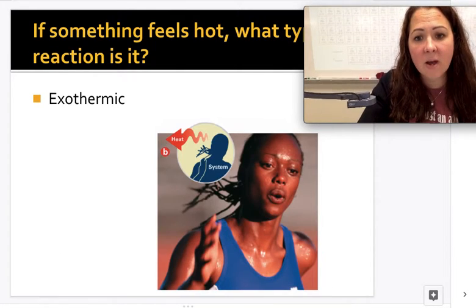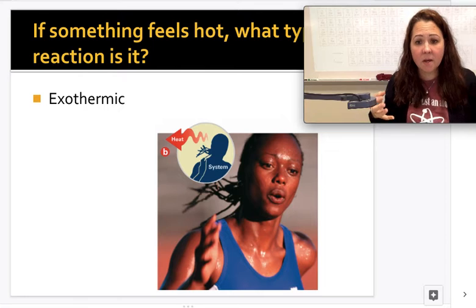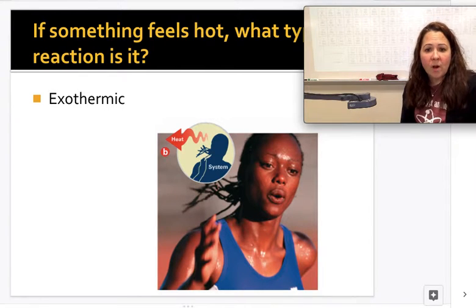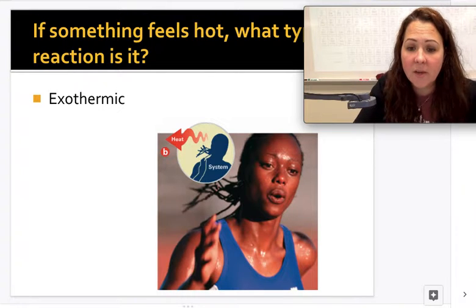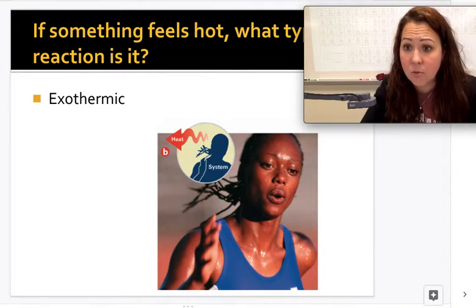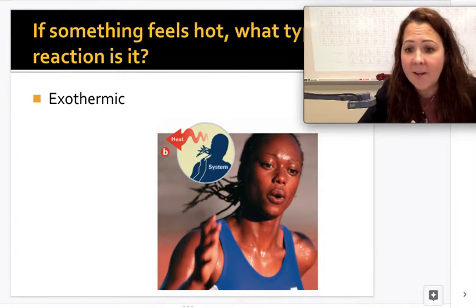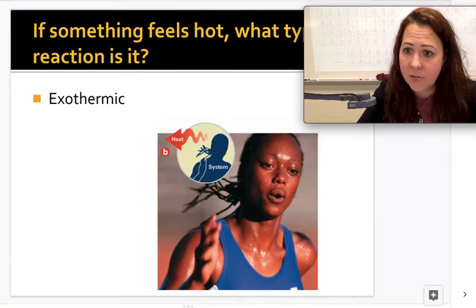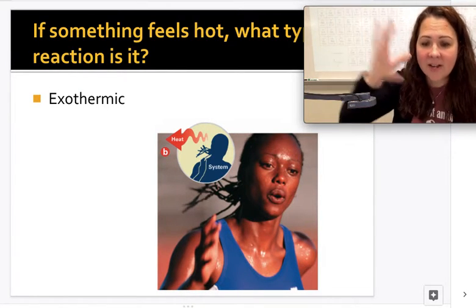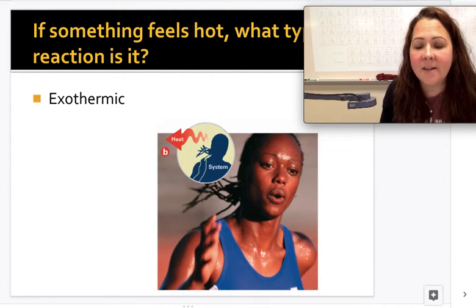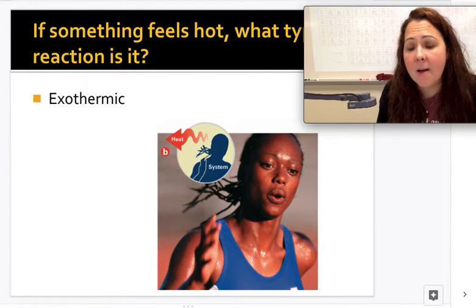So in this case, I've got a lady who is running. With this person who is running, if she is the system, we want to know, is she endothermic or exothermic? In this case, she is exothermic. Her body is creating heat, her body's creating sweat. That heat helps to evaporate away the water that comes from the sweat, and then as that evaporates, it actually pulls the heat away from the body and it takes it into the air.